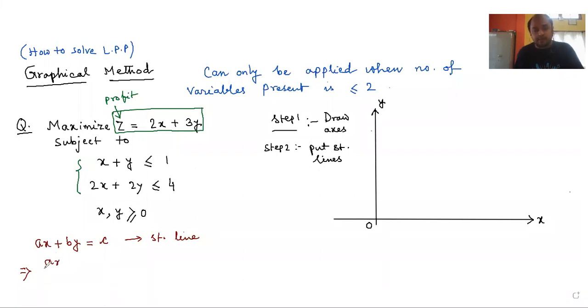In intercept form, we divide the entire left hand side and right hand side by the quantity present on the right hand side, and we get an equation of this form.